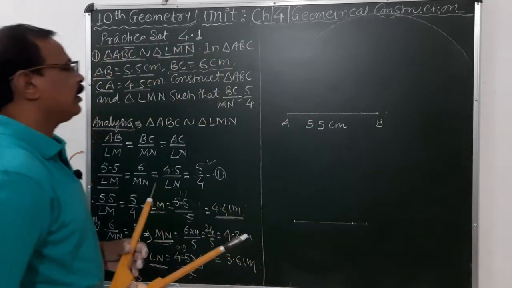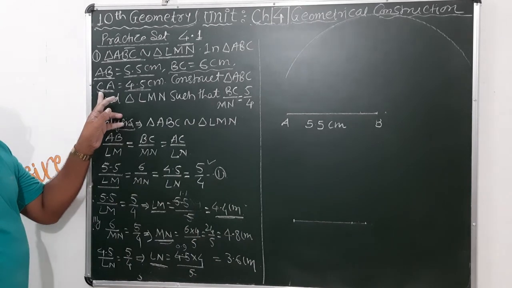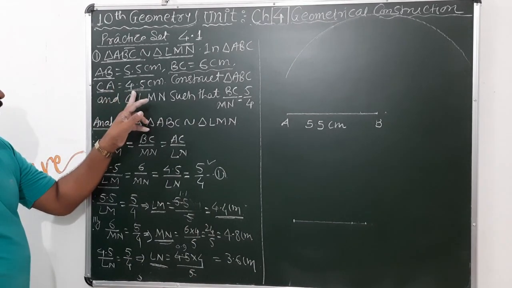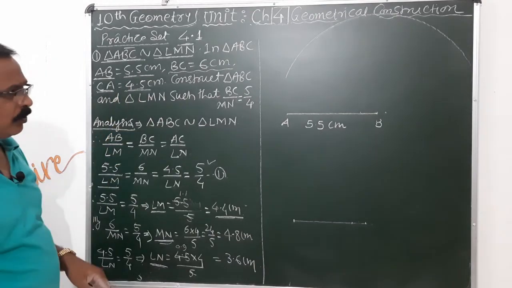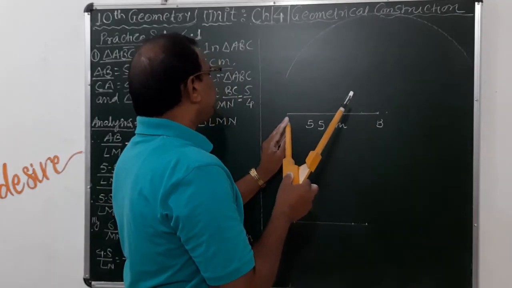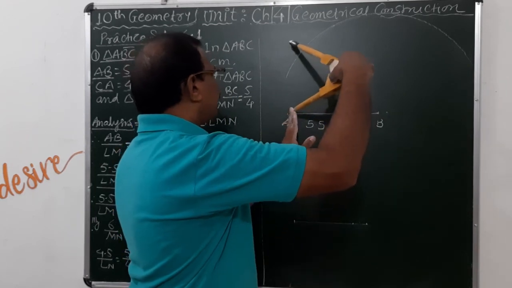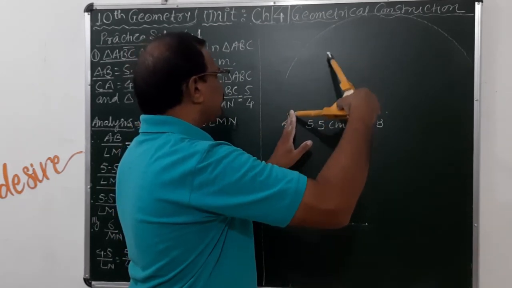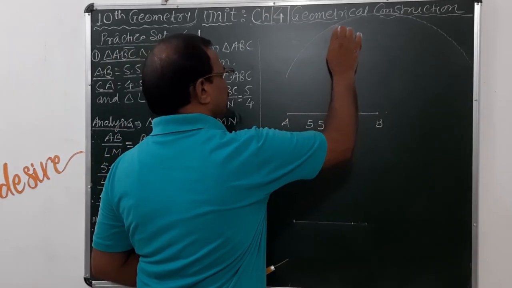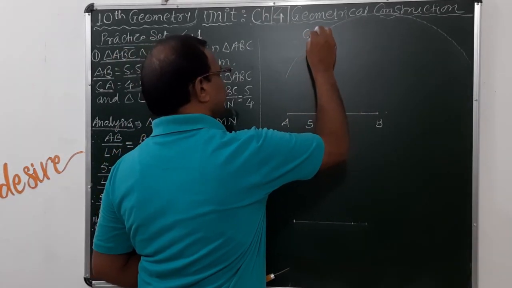Then we have to draw a length of CA, that is equal to 4.5. You take 4.5 in your compass, take A as a center and make an arc which cuts the previous arc at a point.